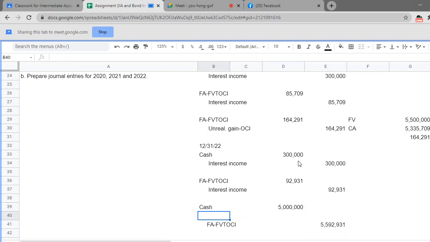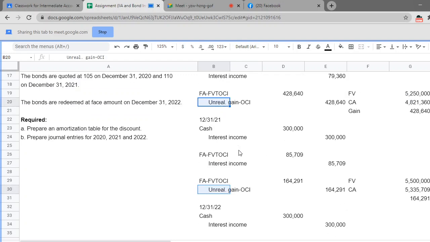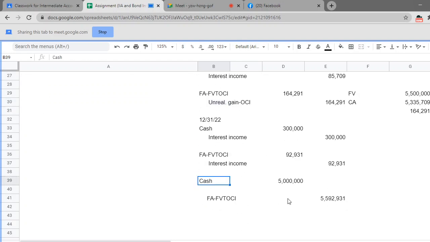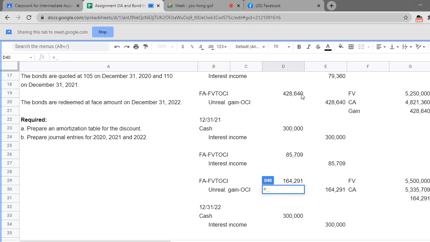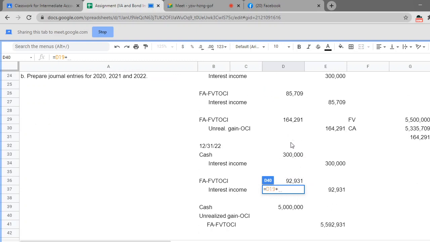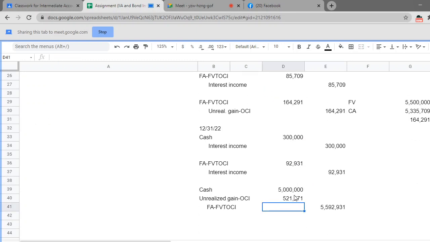And kaning mga unrealized gain, ato na pud nang tanggalon. Eliminate the unrealized gain, OCI. And how much is that? We have 428 for year 1 and we have 92 for year 2. That's a total of 500.